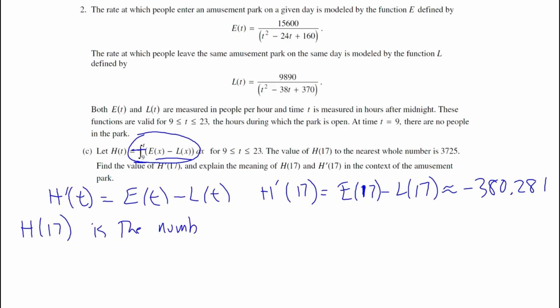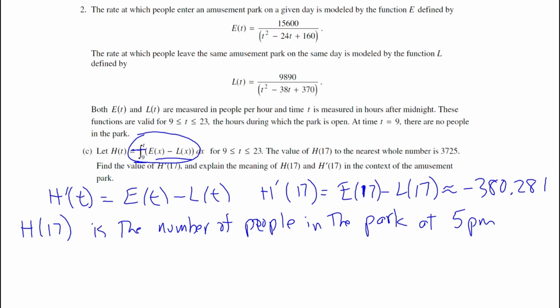So we'll say it's the number of people in the park. And it says in the context of the problem, so we won't say t equals 17. We will say at 5 p.m., because that's what t equals 17 was, right? At 5 p.m. So h of 17 is the number of people in the park at 5 p.m.